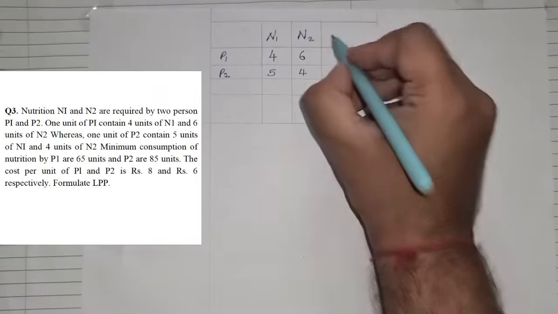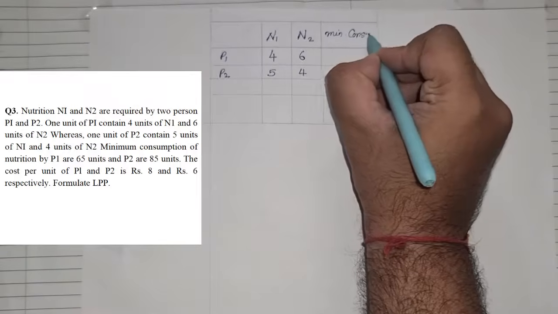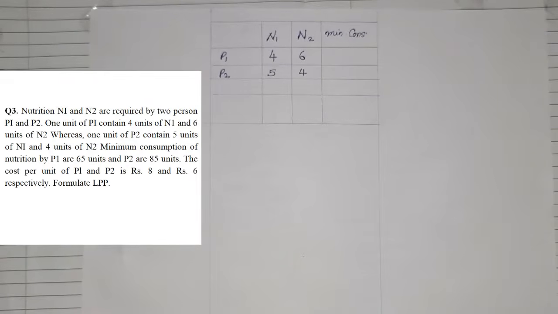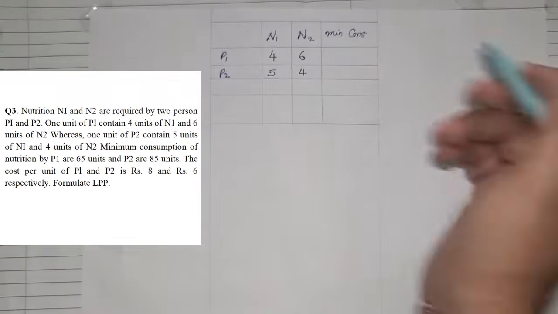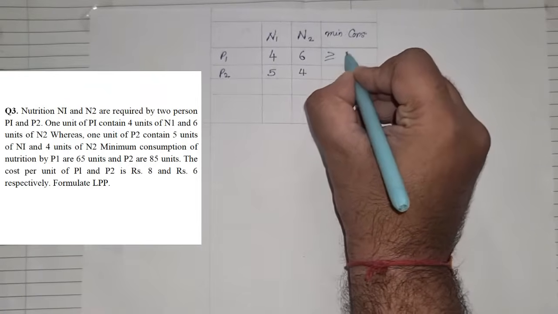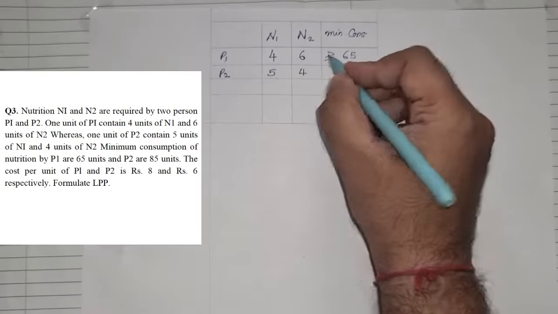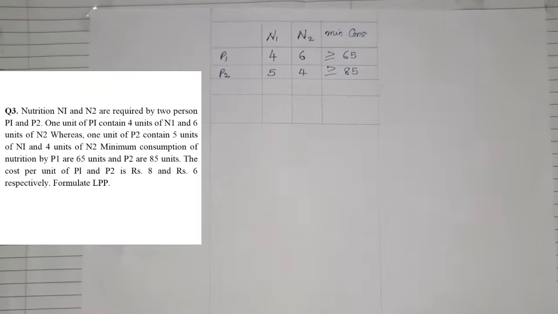The minimum consumption, now they are giving you minimum consumption. The minimum consumption of nutrition by P1, now it is minimum, so it will be greater than or equal to 65 for P1, and for P2 it is 85, so greater than or equal to 85.